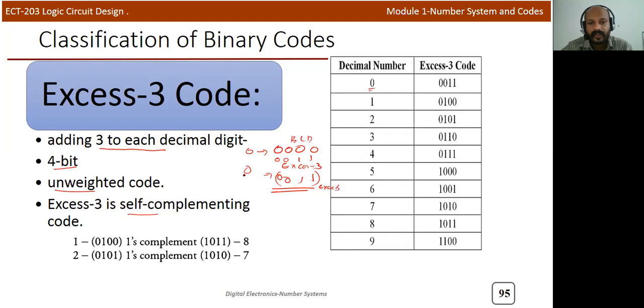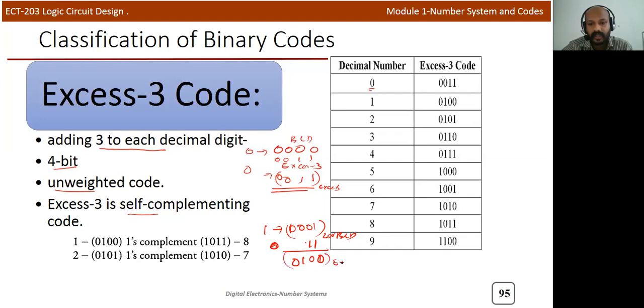code representing 0. Similarly, if it is binary value 1, we'll write 0001. This is the binary sequence, or you can say the BCD code, and we will add 3 to that particular value. Then you will get 0100, which is equivalent to 4.